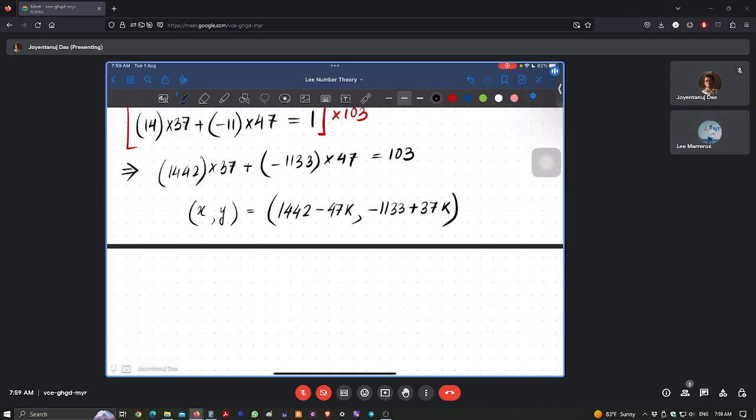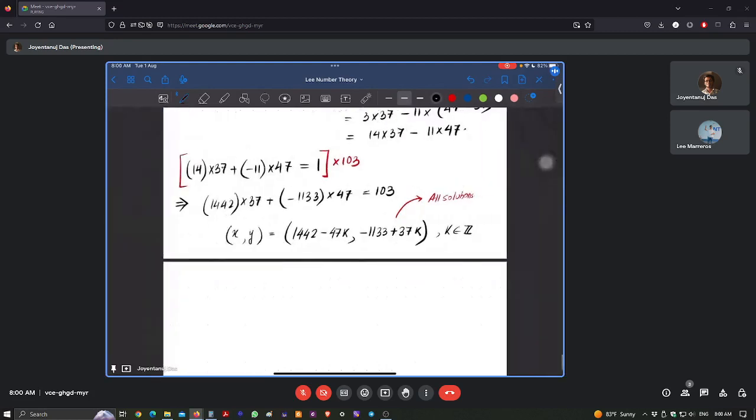So what can we choose k such that it becomes small? k is an integer. So this is all solutions, right? I want to make this one as small as possible and this one also as small as possible.